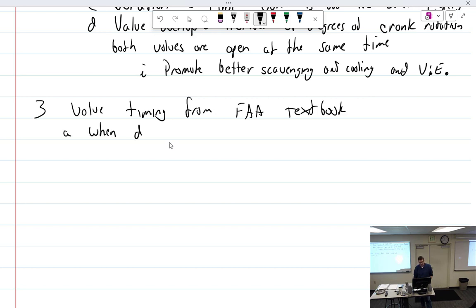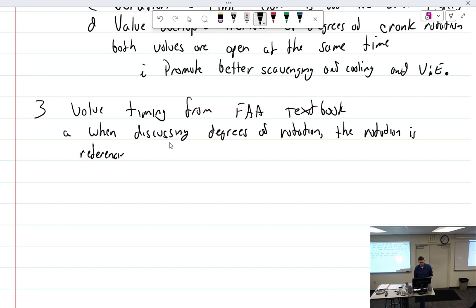When discussing degrees of rotation, the rotation is referencing the crankshaft rotation, measured with a timing disc.